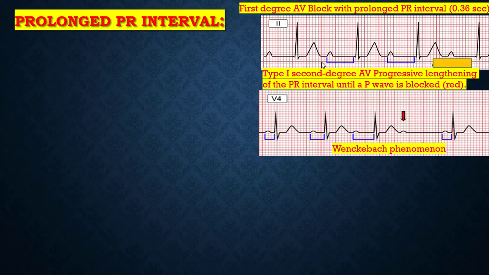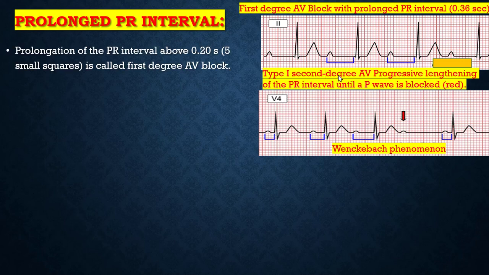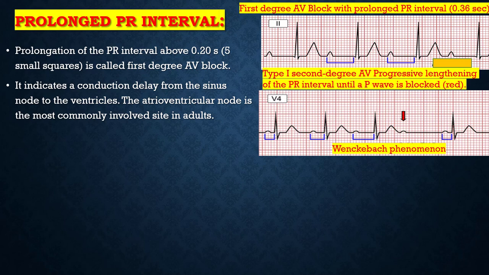Prolonged PR interval. Prolongation of the PR interval above 0.20 second or 5 small squares is called first degree atrioventricular block. Here you can see that it is more than 5 small squares or more than 0.20 second.